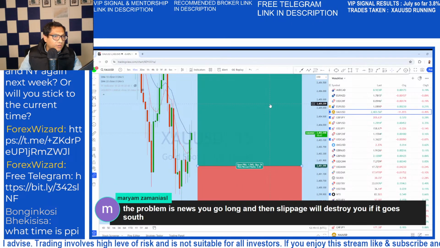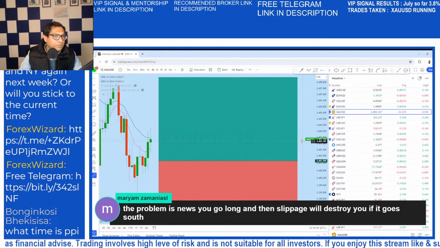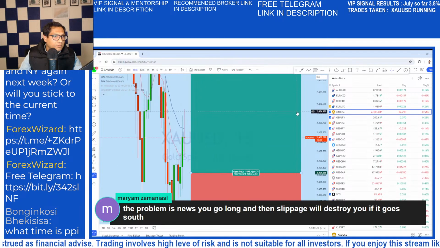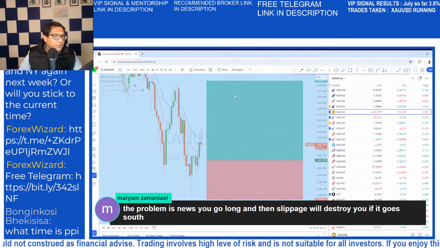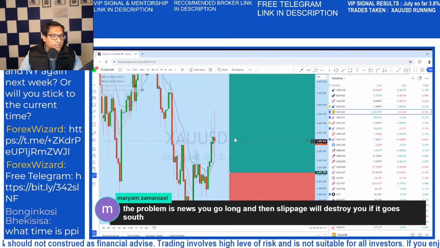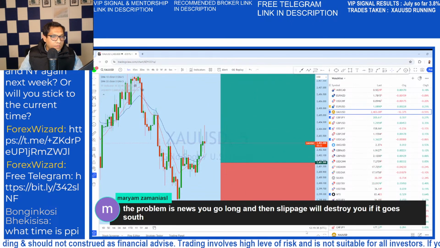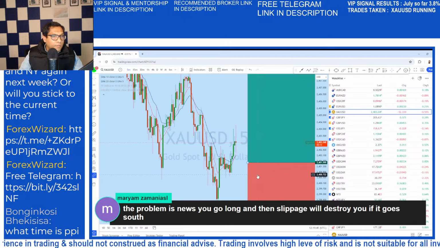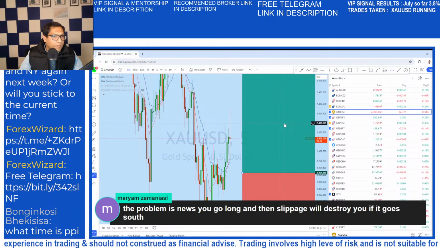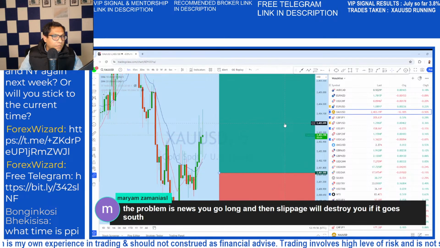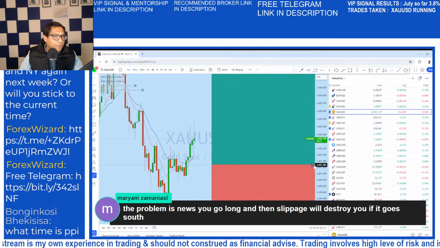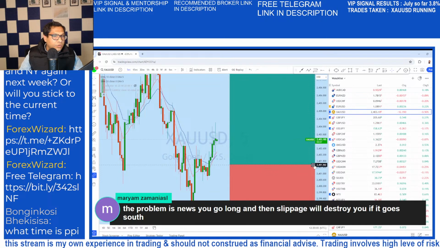Let me see if we can still run it. Sometimes this break, I didn't like this kind of candlestick pattern. See that?